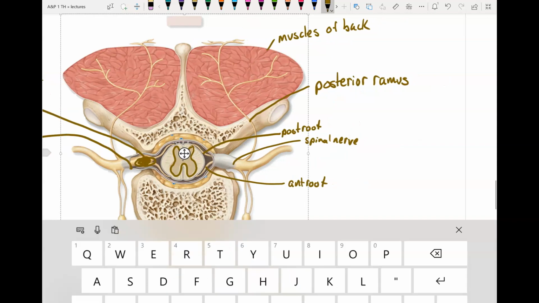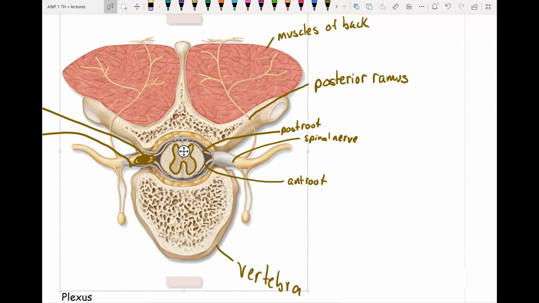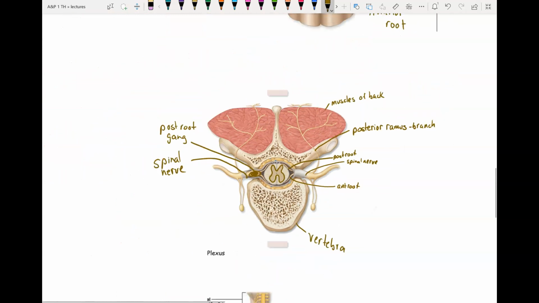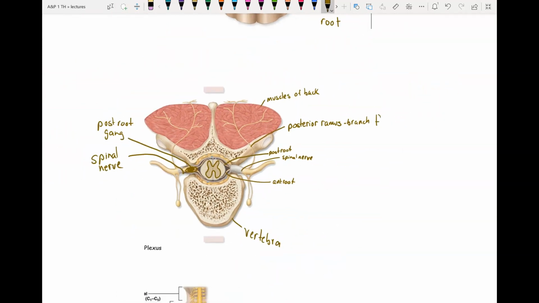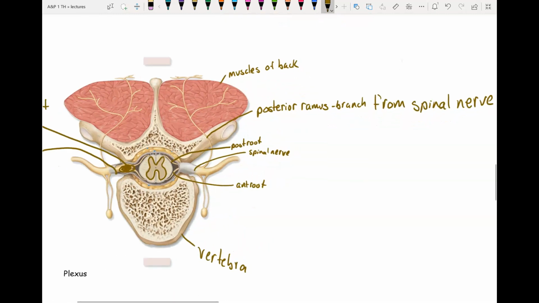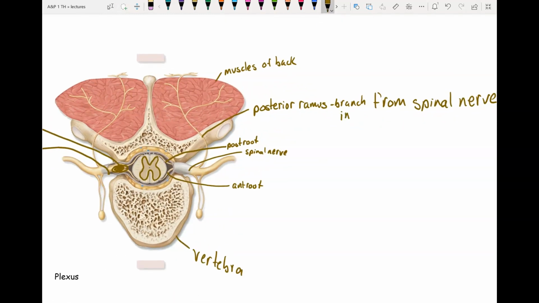So the posterior ramus is a branch from the spinal nerve that innervates the muscles and skin of the back.